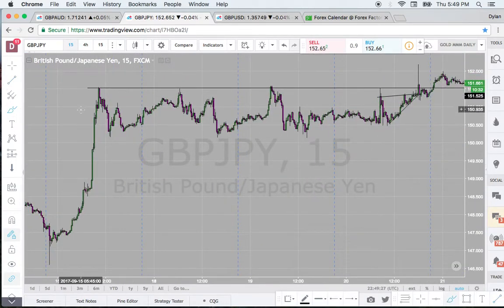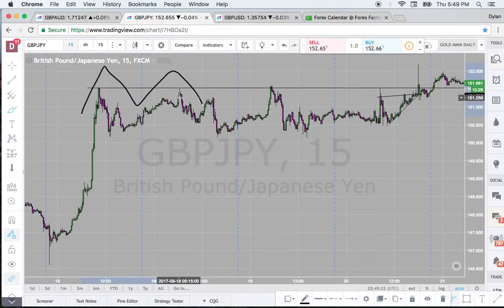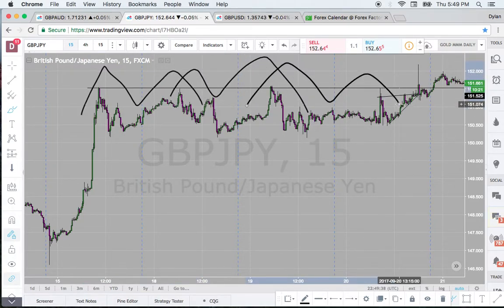Let's take this into consideration. Here's an M. Here's an M. Here's an M. You think they're going to make another M for people to sell? You think they're going to give you that? It's like giving away free money, you guys. They're not going to.